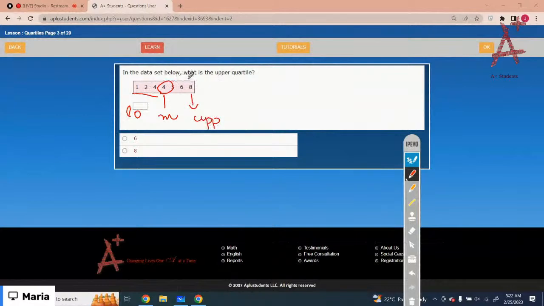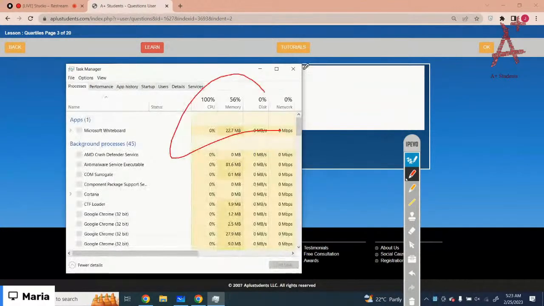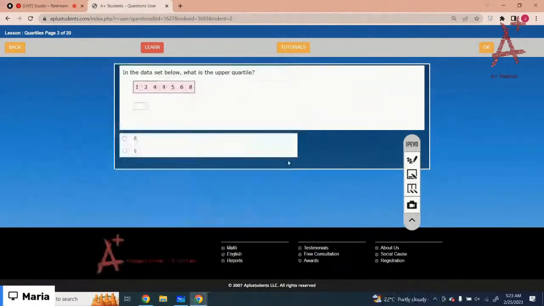You have to look for the upper. So this 6 is the upper quartile. Got it? So the correct option is 6.